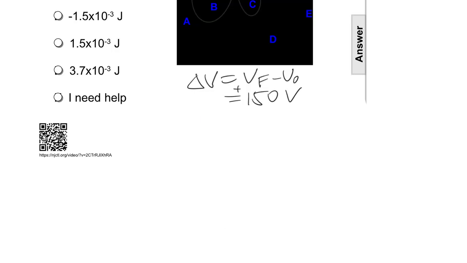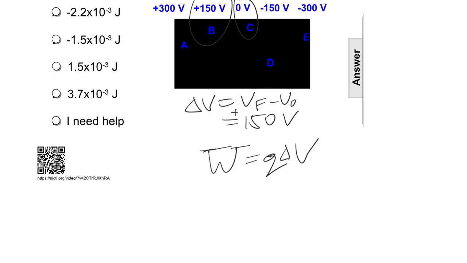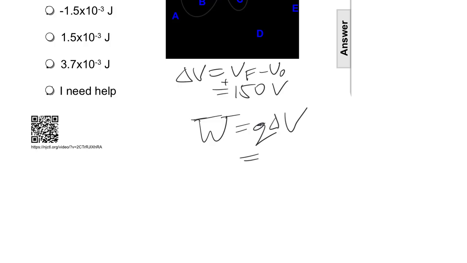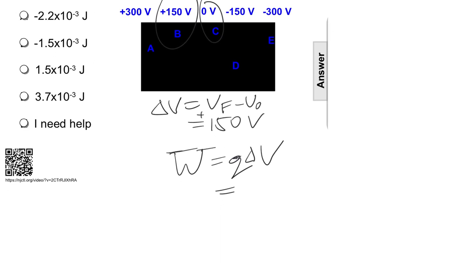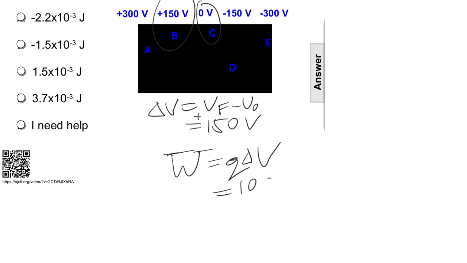So the best equation to use here would be work equals QV, because that's what we have. So work equals Q, 10 microcoulombs, micro means 10 to the negative 6, times positive 150.